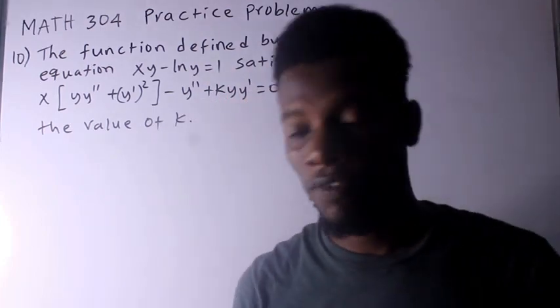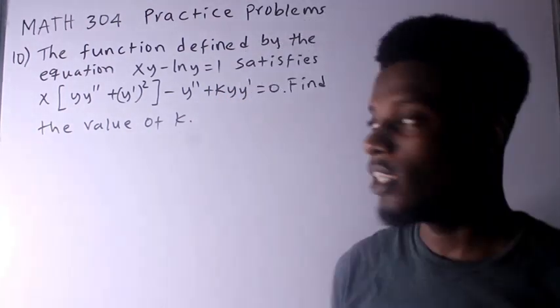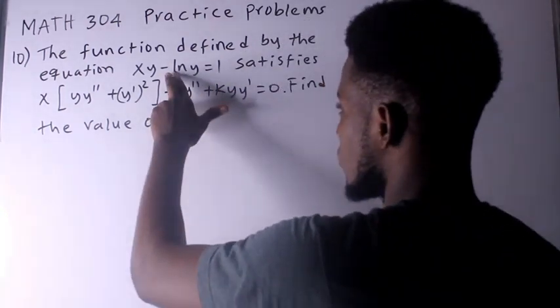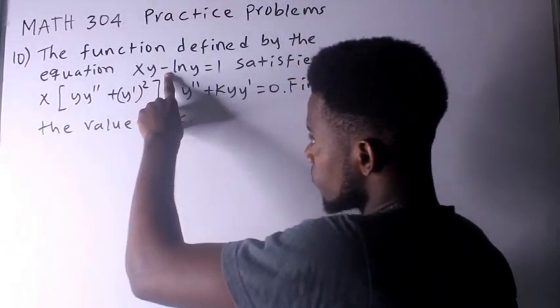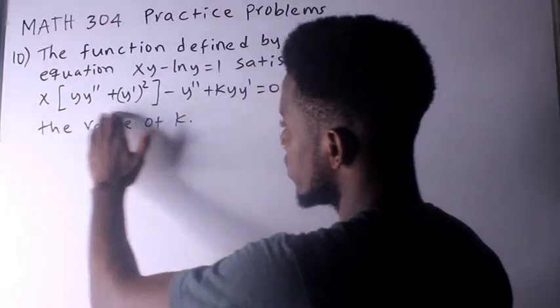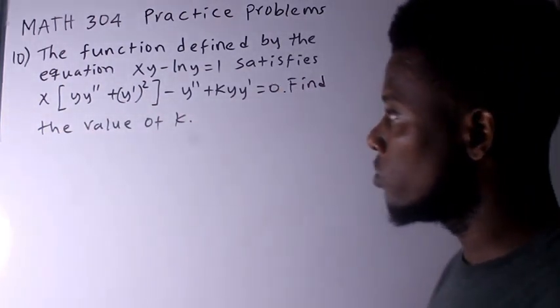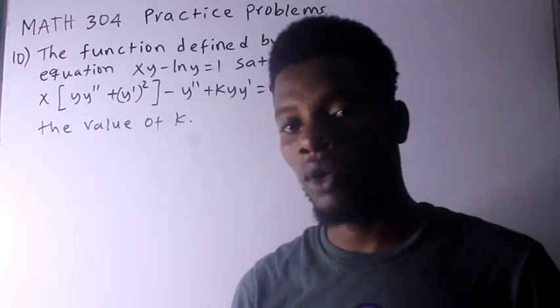Find the value of k. So in a nutshell, this question is about finding a differential equation that represents this solution and then comparing it with this to see what will be the value of k. That is what the question is about.